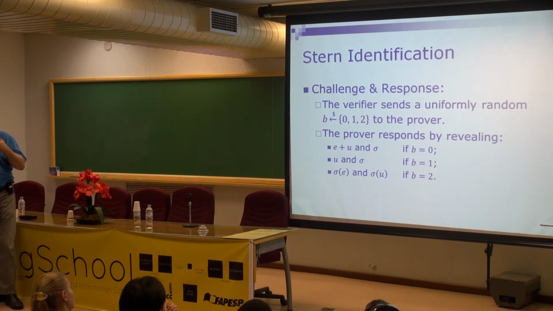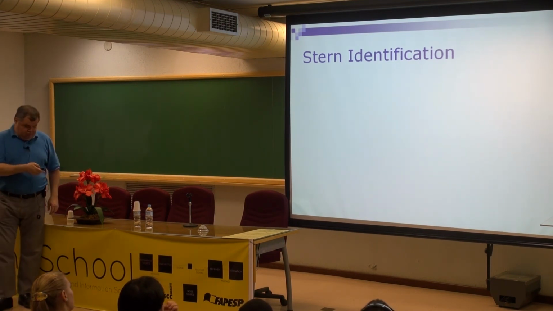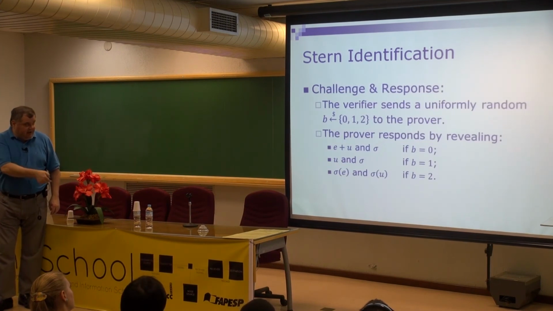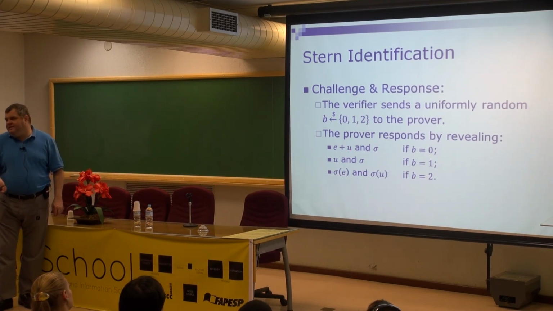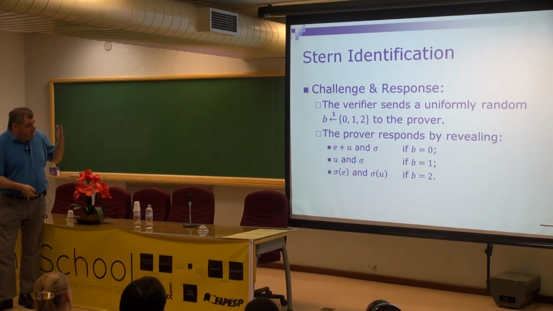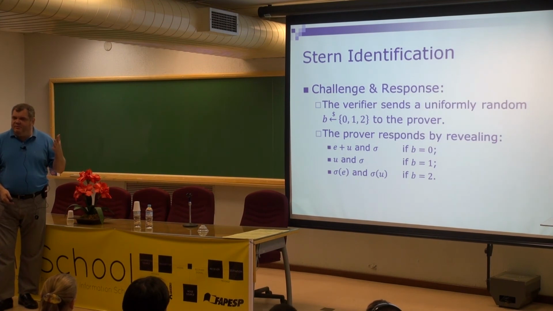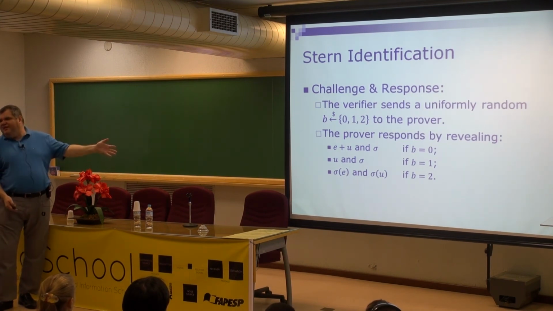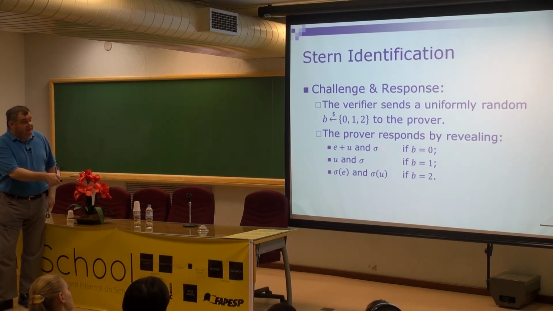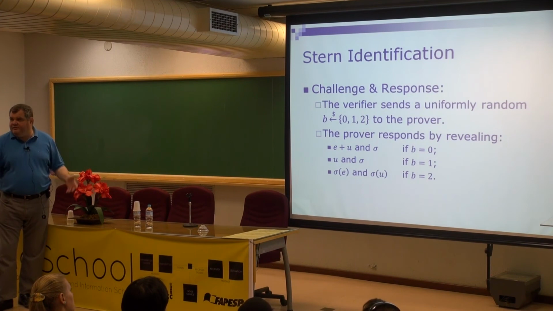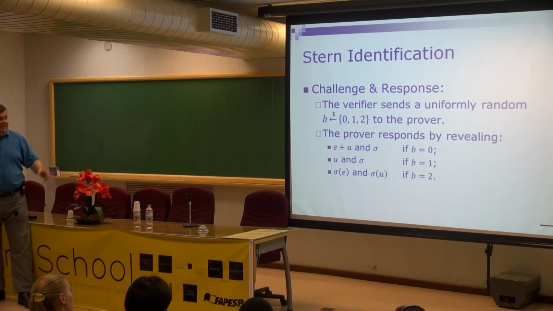According to the value of B, if B is 0, we will reveal E masked with U. So this is our private key encrypted with a one-time pad. We are not revealing anything about E, but we reveal sigma. If B is 1, we reveal U and sigma. Well, they are random. We are not involving the private key here.